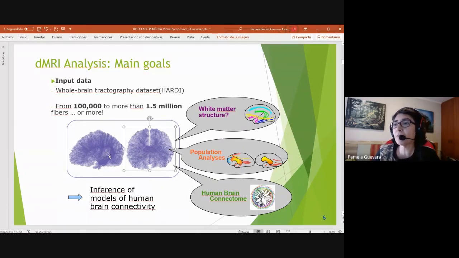So what we want to do is to study this information and try to study the structure of white matter based on this data, to perform population analysis and to study what is known as the human brain connectome, which is a representation of the connectivity like a graph.